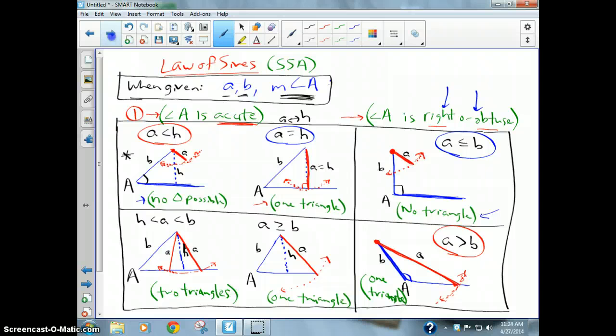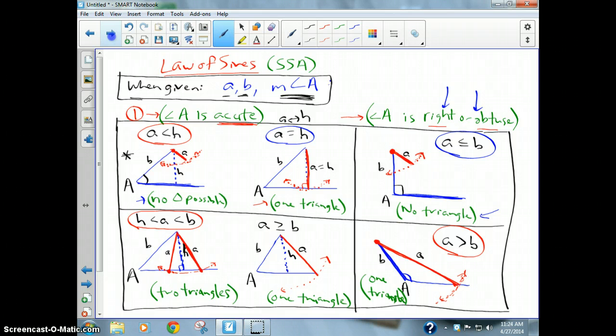What if A is bigger than H but less than B? This is the really challenging case because here's side H of the triangle. There's the height. Now, if A is bigger than H, it's got to either touch down here or it's got to touch right here.